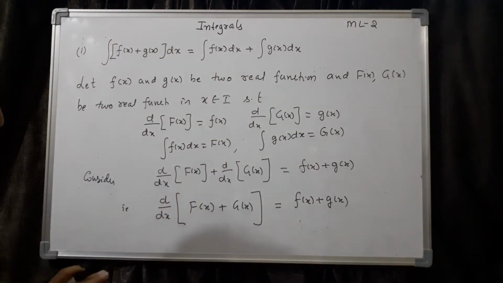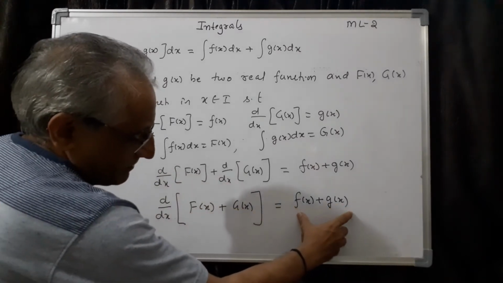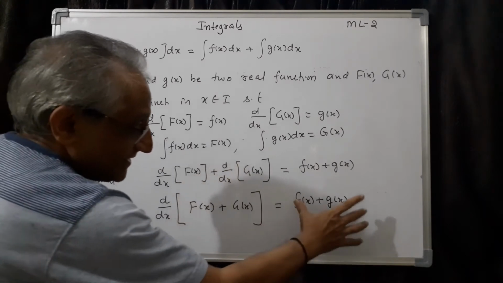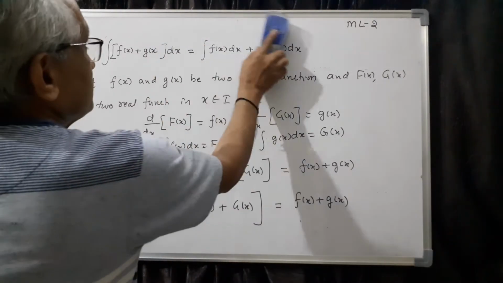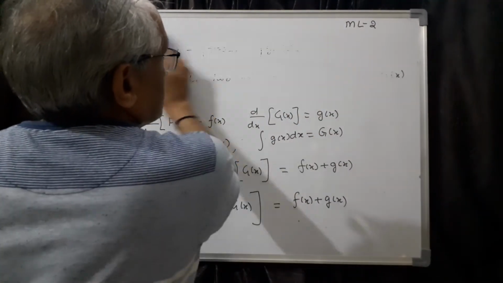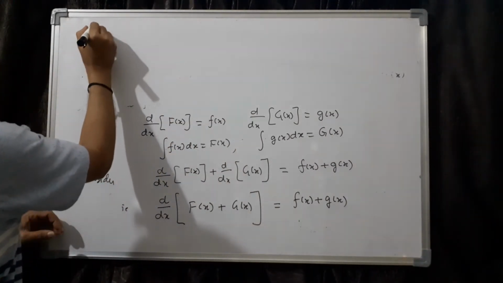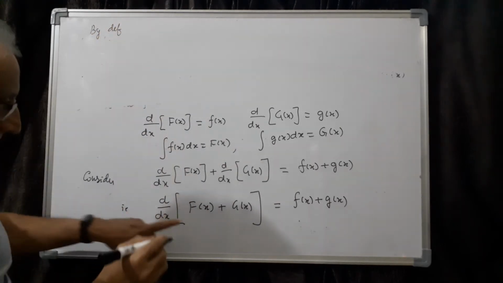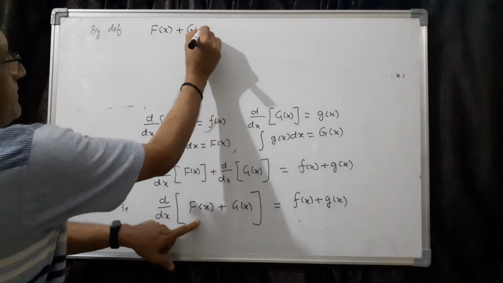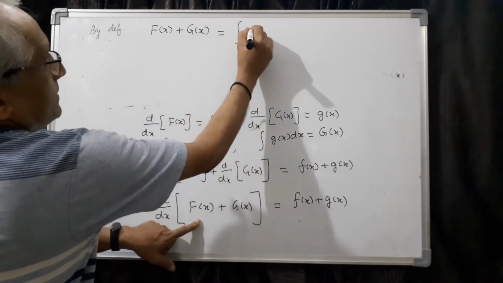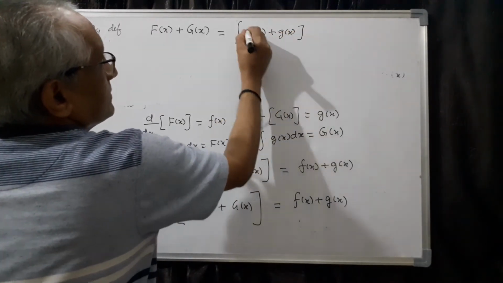Now look here, the differentiation of the function F(x) plus G(x) equals this function, which implies by definition that the integration of this must be equal to this. Therefore, by definition, capital F(x) plus capital G(x) must be equal to the integration of f(x) plus g(x) dx.